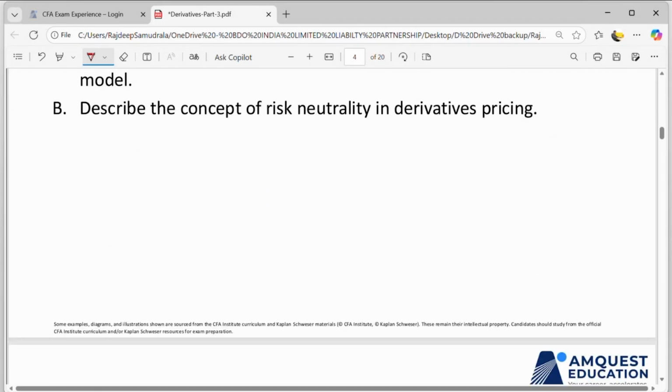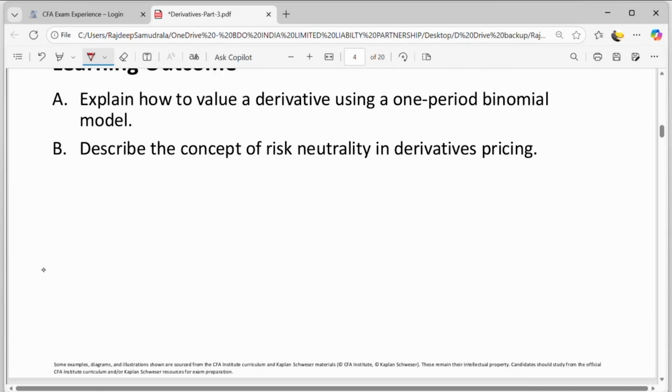Clear? Now, let's quickly understand the meaning of bi. What is bi? Anyone knows? The word bi. It means two, sir. Two. Very good. So the word bi, in the world of options, refers to two directions. There are only two options. There is no third way about it.